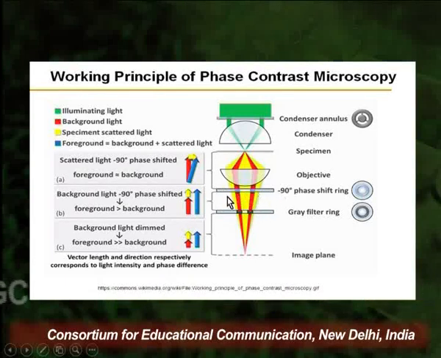This phase plate restricts certain background phases of the light, whereas it allows only those phases of the light wavelength to pass through which have been changed by the specimen. Thus, the image formed at the image plane is the resultant of those shifted phases of light caused by the specimen, and thus the outline of the object is very clearly observable.